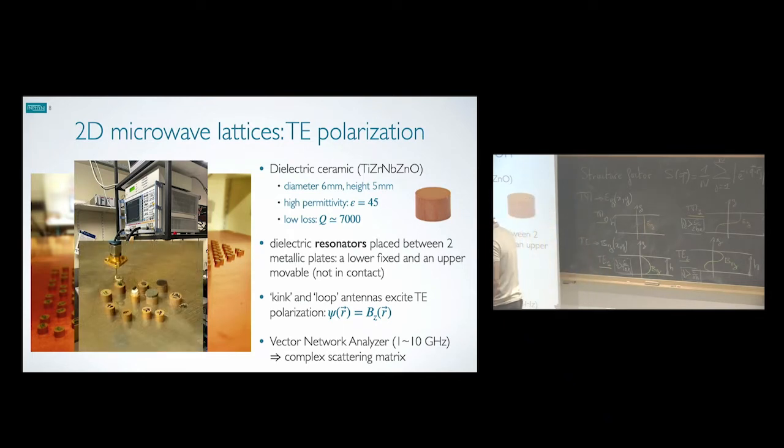Now we use either what I call a kink antenna or a loop antenna. And this kind of antenna placed between the two plates excites the Z component of the magnetic field. And in this case, due to the fact that the boundary conditions are not the same for the electric and the magnetic field, there is no TM0 mode. The magnetic field cannot be constant.